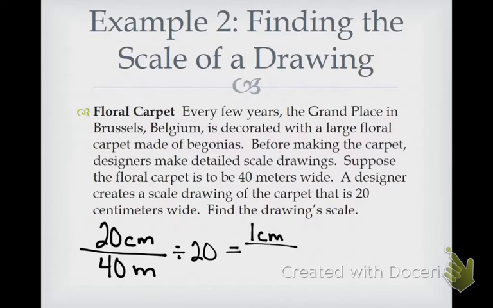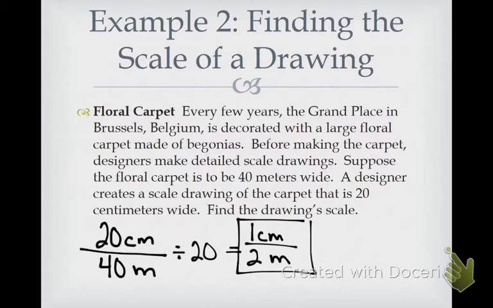So now, again, the label is important. It's 1 centimeter for every 2 meters. If I drop my units, I'm going to think it's 1 to 2. But it's not. It's 1 centimeter for every 2 meters. That's the scale of this carpet drawing versus the carpet.